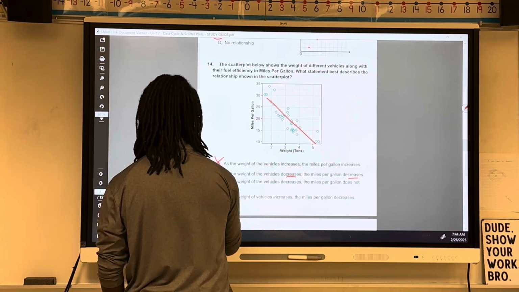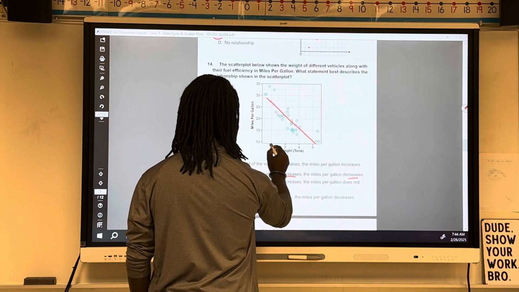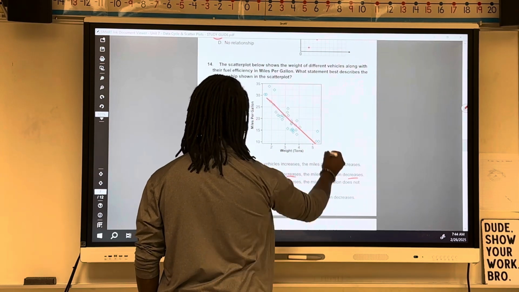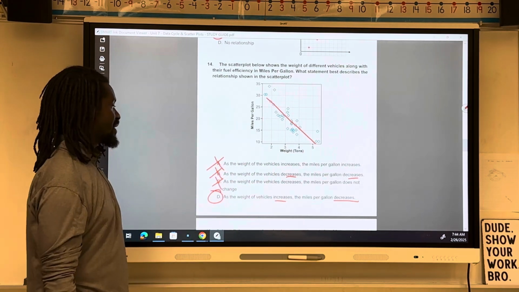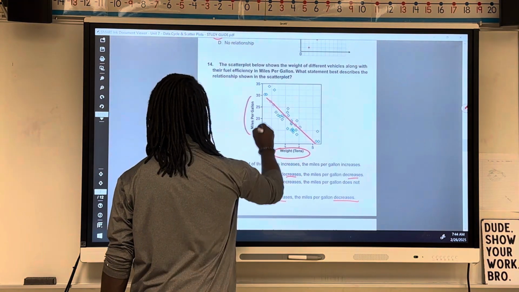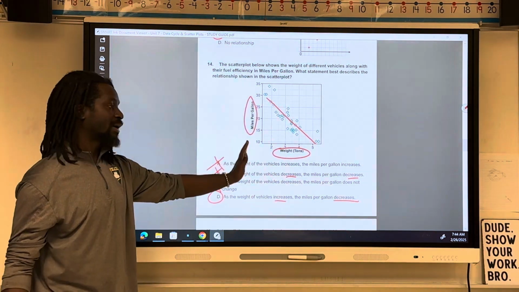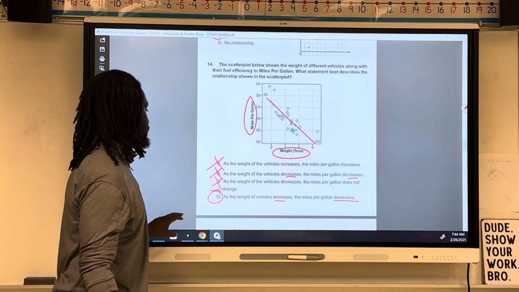And then lastly, as the weight increases, so as you move this way and the weight increases, the miles per gallon decrease, right? It's going down. And so that is the correct answer there. You certainly want to make sure that you are paying attention to the axes here, right? As weight is increasing, miles per gallon is decreasing.